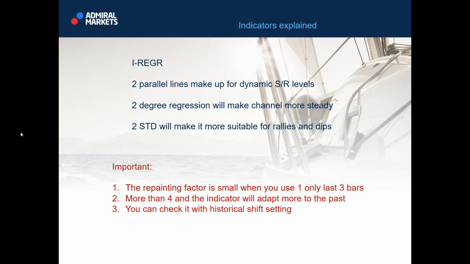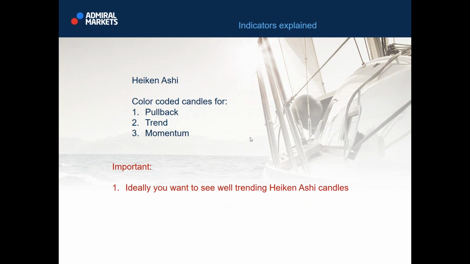So the thing is, we simply use it as 2-degree regression. So it's important to notice: 2-degree regression will make the channel more steady. You can check it with the historical shift setting, and that is what I will also explain.